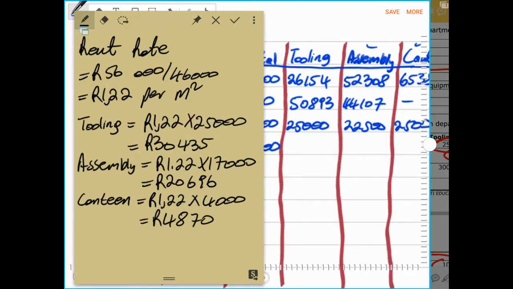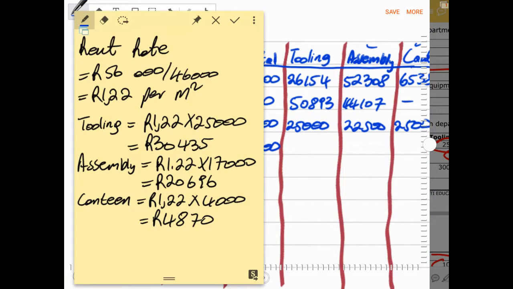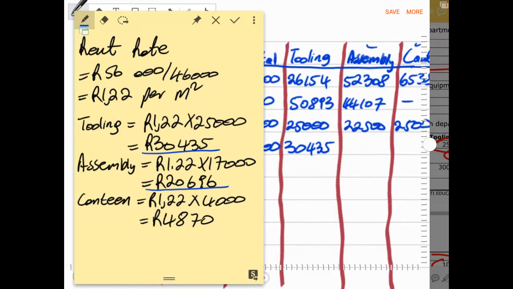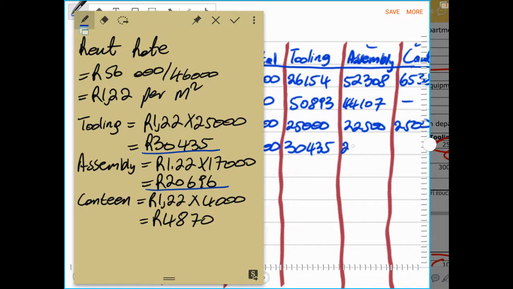So now I do the allocation. The tooling department gets the share of 30,435. The assembly department gets 20,696.